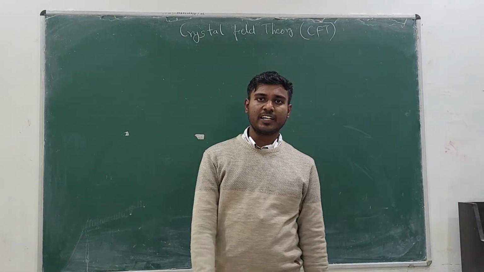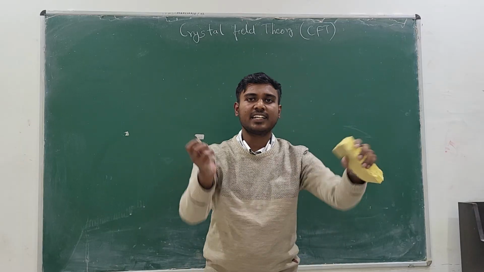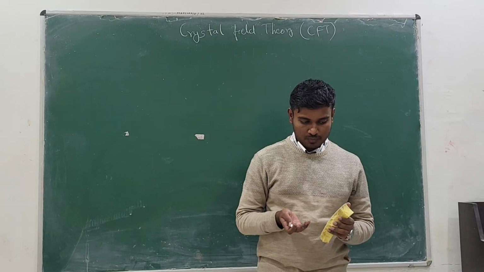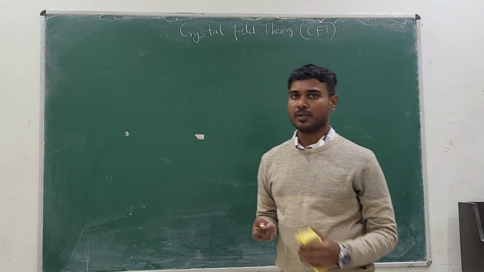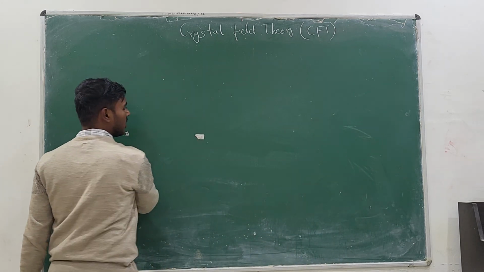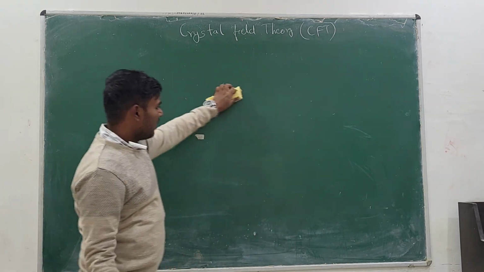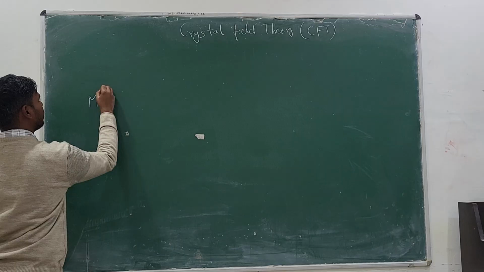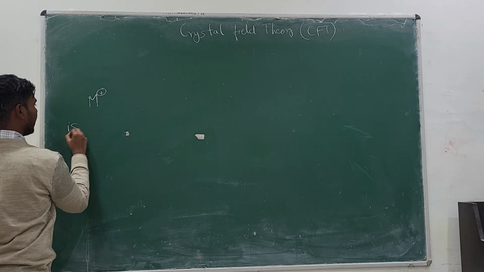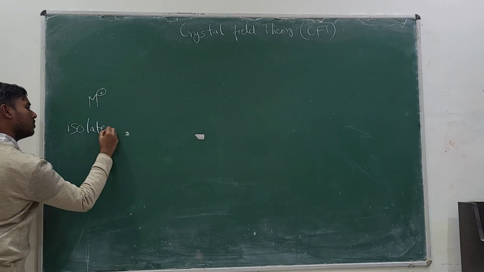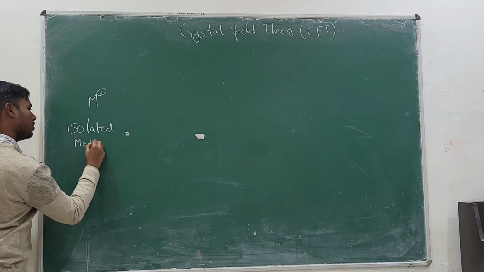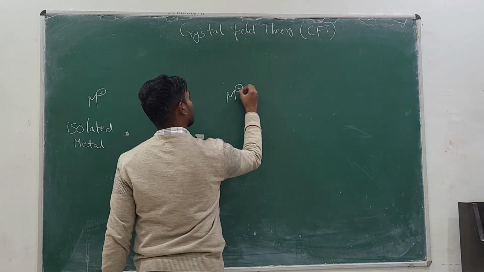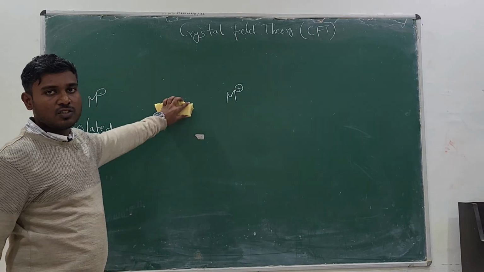Before moving towards the octahedral complex formation and tetrahedral complex formation, I will explain how crystal field theory works and how it explains the complex formation. So first of all, our metal is considered as an isolated metal ion. This is our isolated metal, and this metal is in the influence of the ligand.